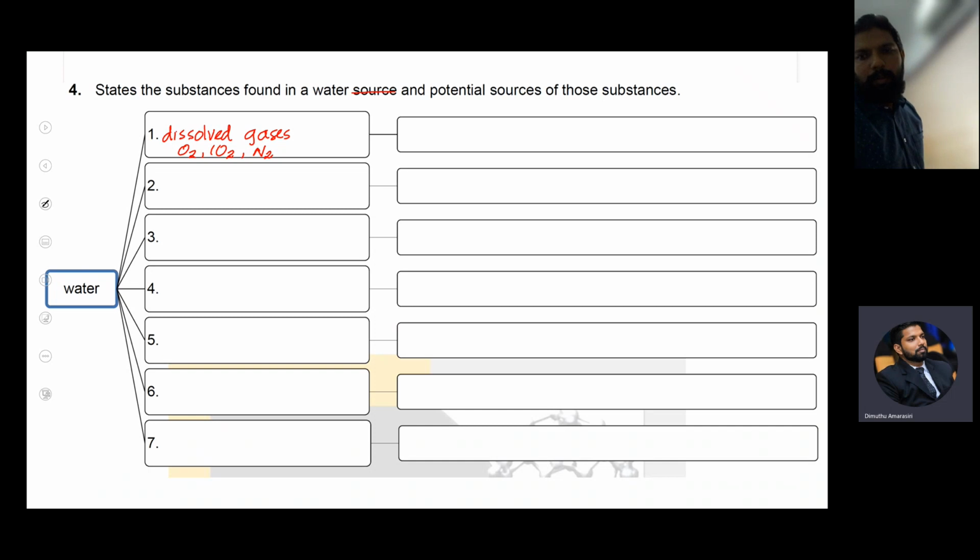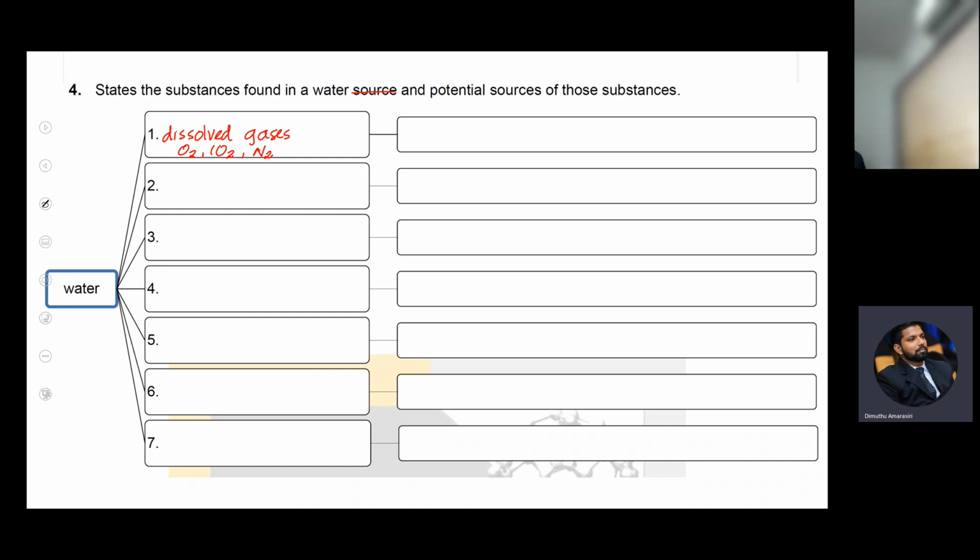Any more examples? Chlorine. Correct. So you can write chlorine. We wrote that also. Let's write the substances that we haven't deliberately added, things that would contaminate water due to other activities. This one we add. What else?